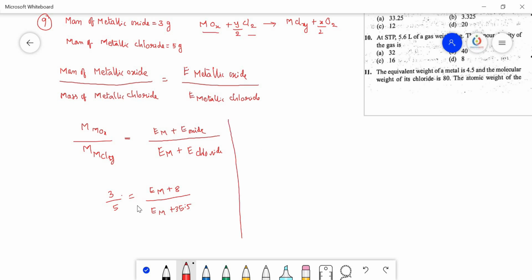Now let's do the cross multiplication. So here 5 into equivalent mass of the metal plus 8 is equal to 3 into equivalent mass of the metal plus 35.5. If you multiply, it is 5 equivalent mass plus 40, equal to 3 equivalent mass plus this has to be calculated.